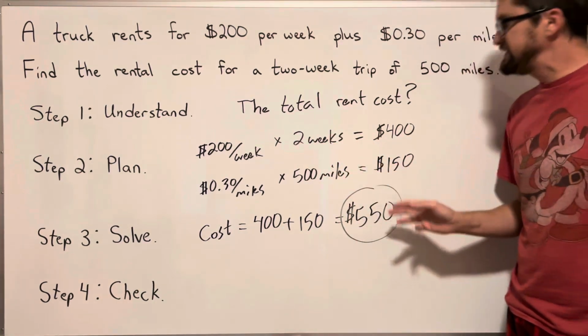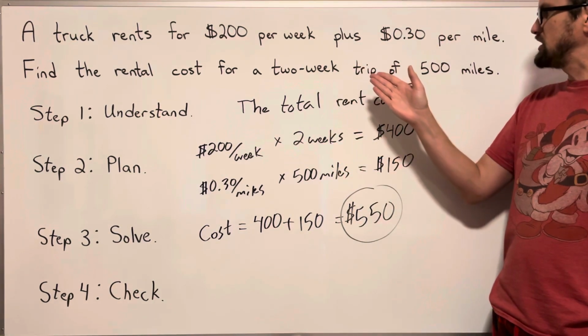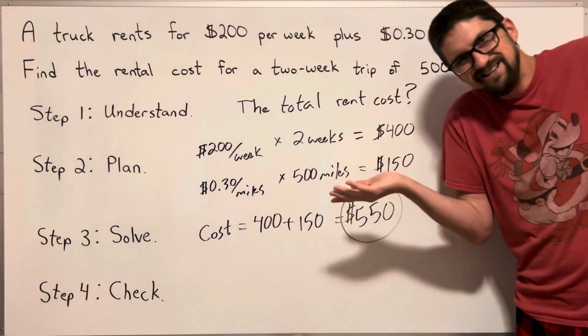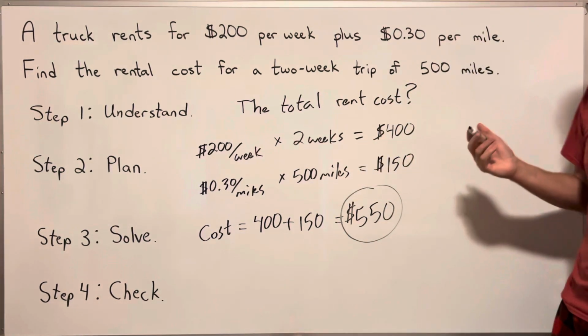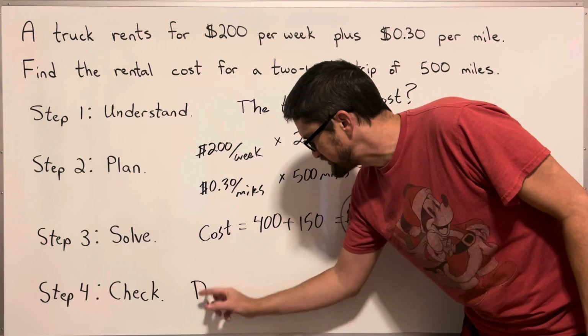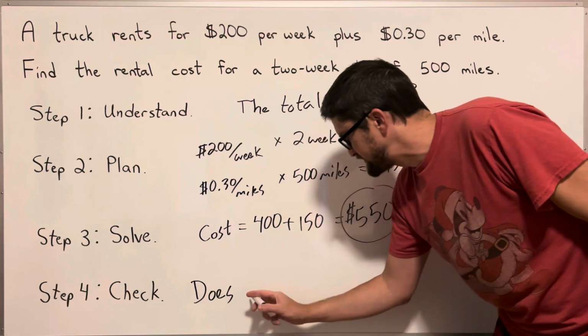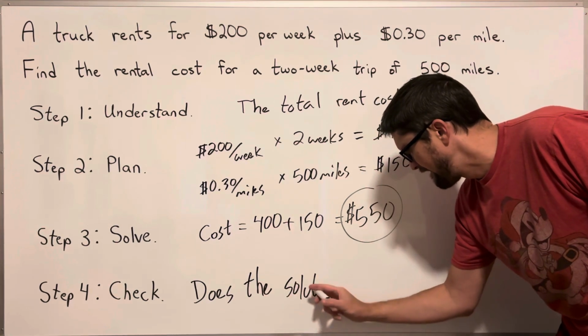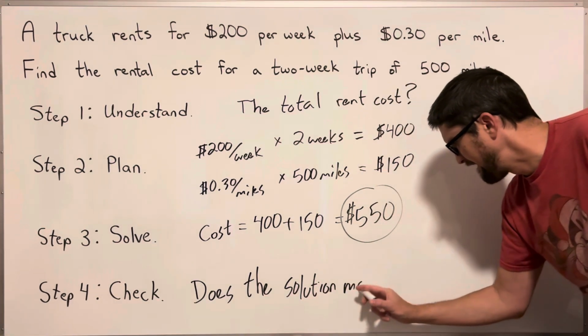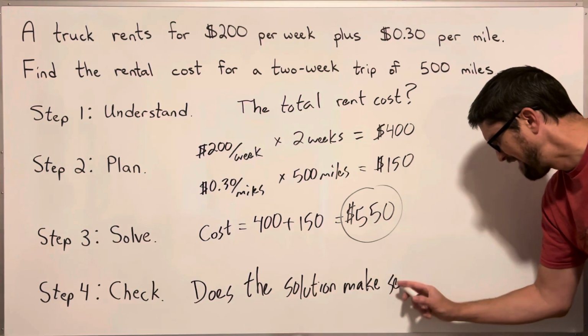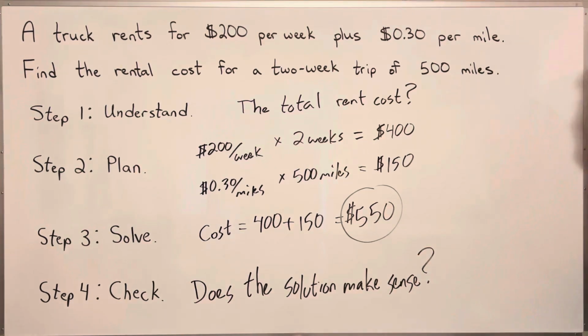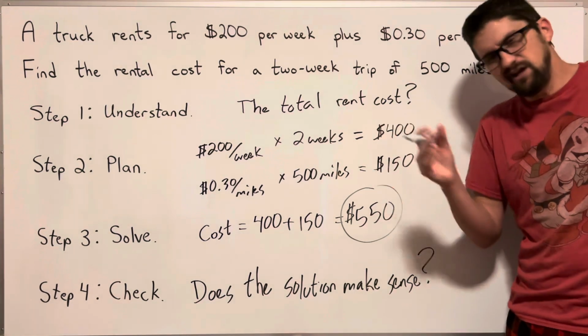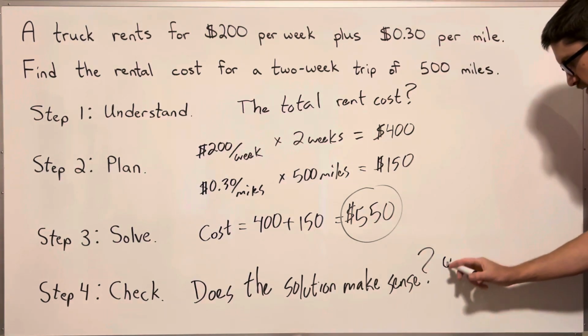But $550 to rent a truck for 2 weeks sounds pretty reasonable. So you want to ask yourself, does the solution make sense? And in this case, yeah, it's probably okay.